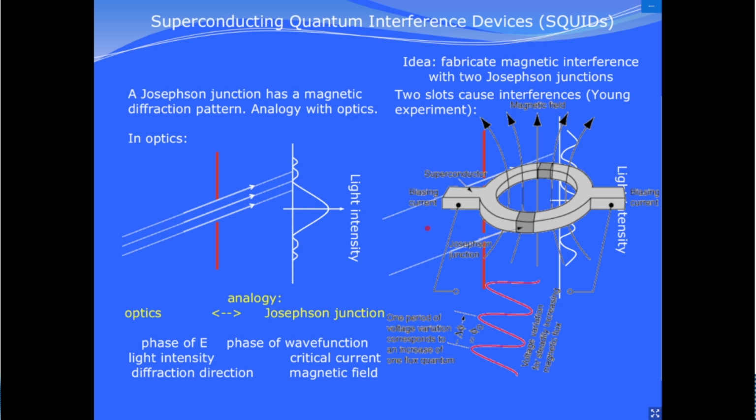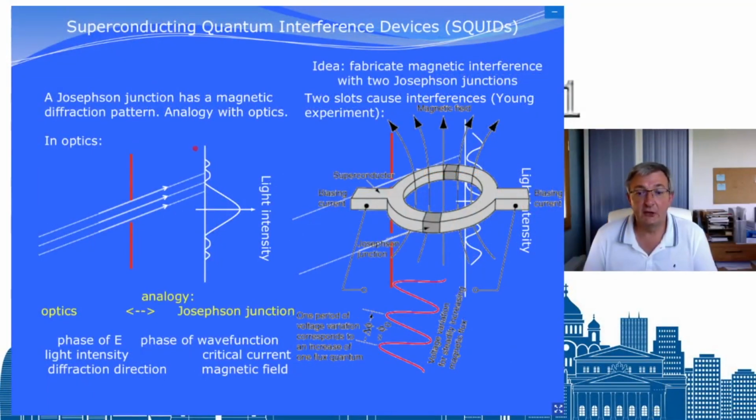When you see in optics, I'm going to go back to this very simple sketch in optics. When you take monochromatic light, to have a single frequency, like we also have with the AC Josephson effect, and you send the light through a small slot, you know that you will observe some dark and light features.